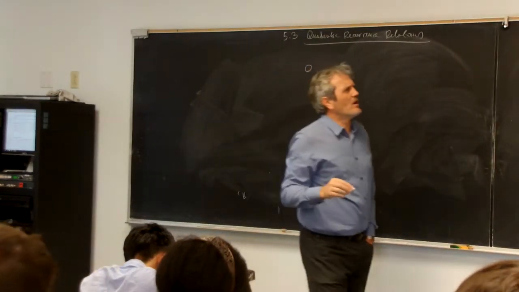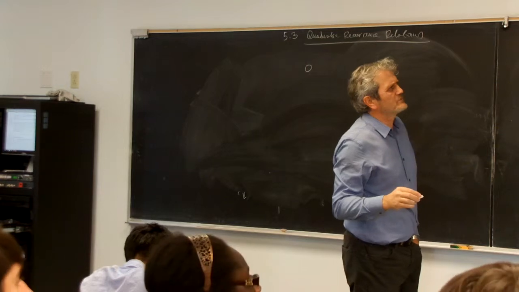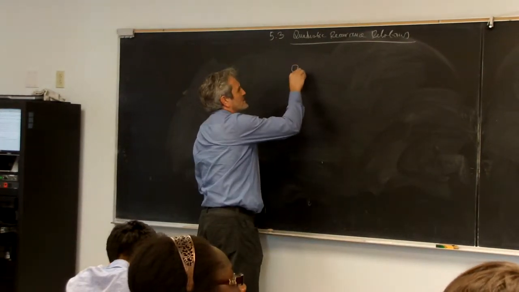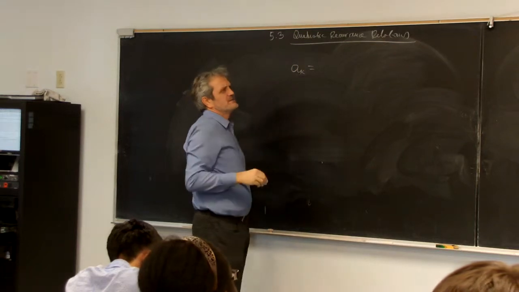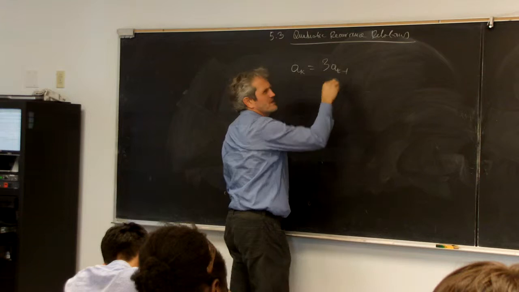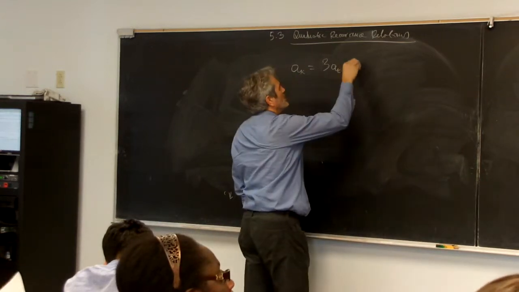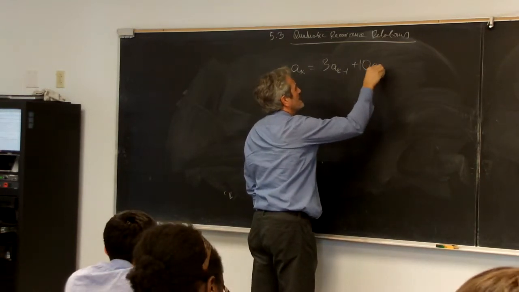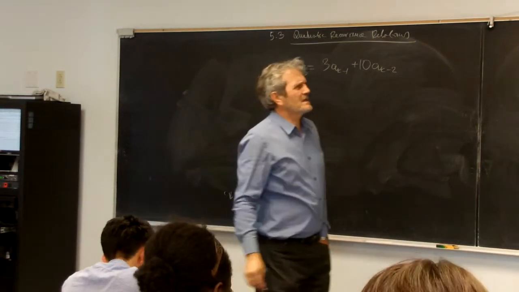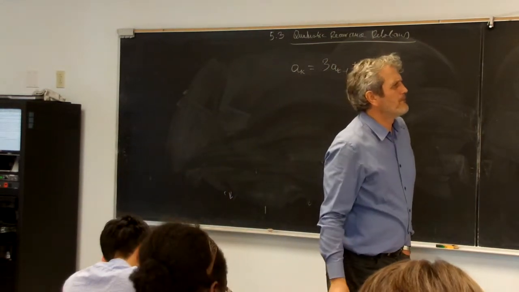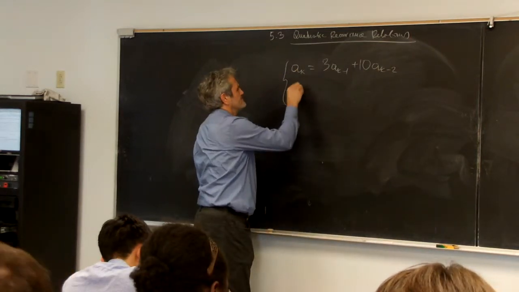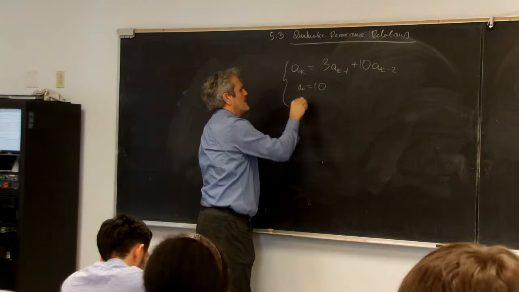I want to find the explicit formula for the recurrent sequence defined recursively: a_k = 3a_{k-1} + 10a_{k-2}. And let's say also that I want a0 to be 10 and a1 to be 1.